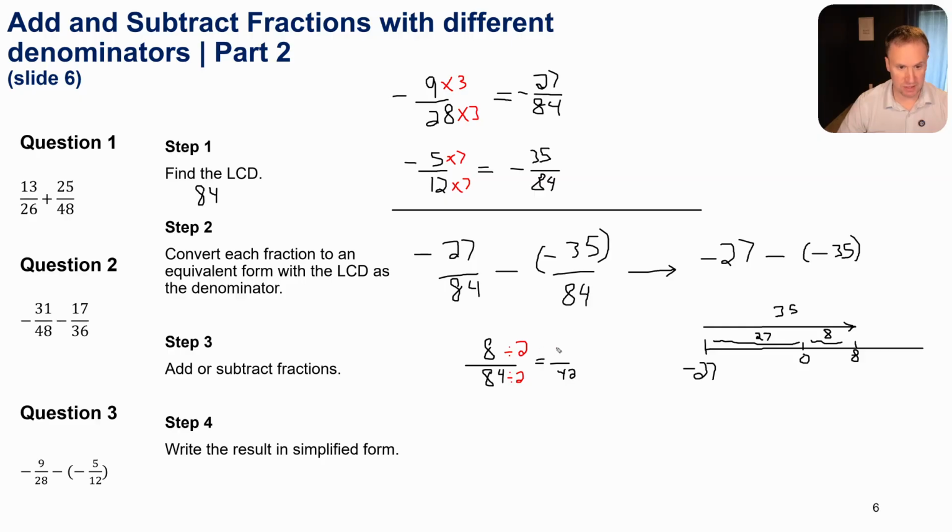And 8 divided by 2 is equal to 4. And then I'm going to divide by another 2, because I recognize that they're still even. So another 2 and another 2. And what I end up getting is a 2 over a 21 here. Okay, so our answer for this is 2 over 21.